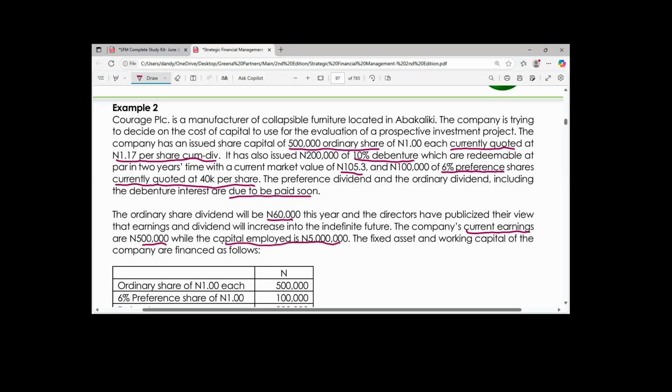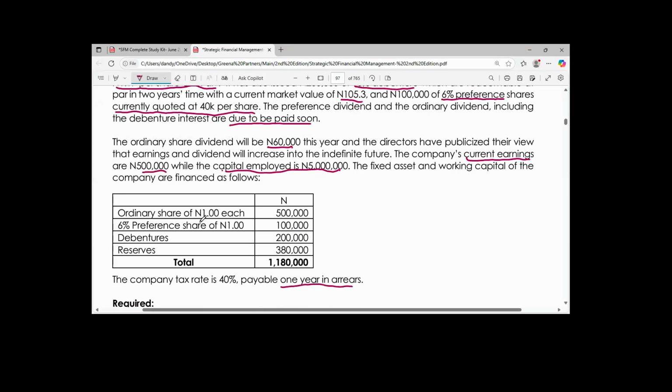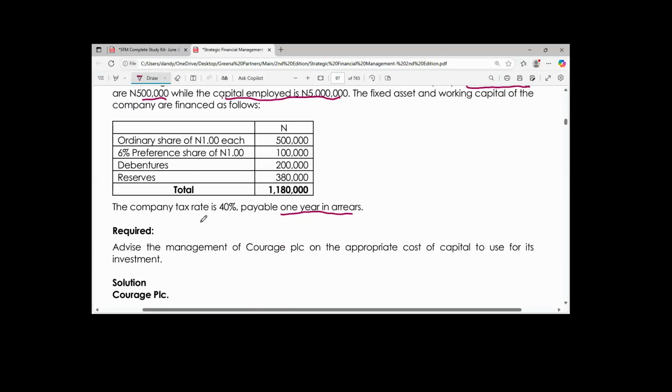The fixed asset and working capital of the company are financed as follows. All figures are assumed correct in the table. The company's tax rate is 40%, payable 1 year in arrears. Required: advise the management of Courage PLC on the appropriate cost of capital to use for its investment.